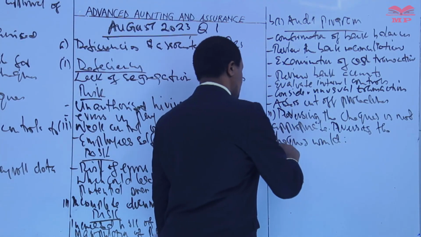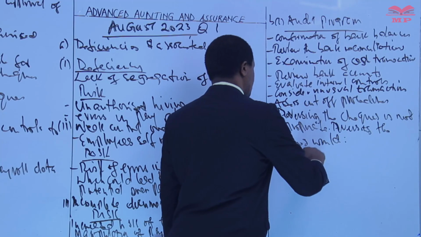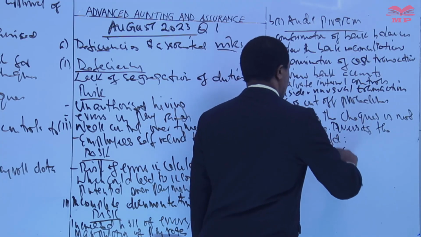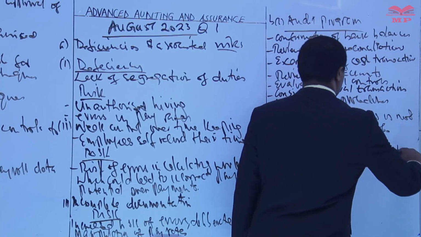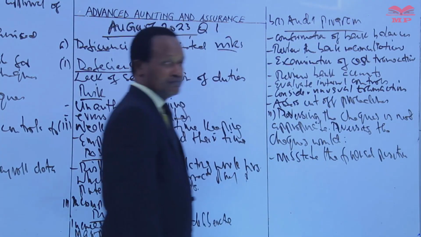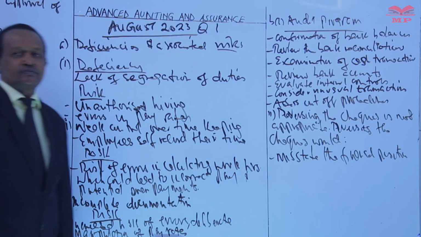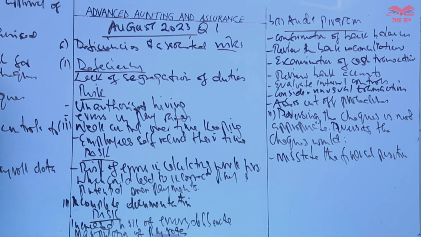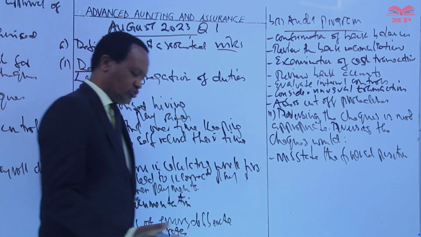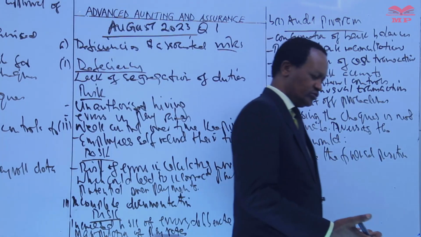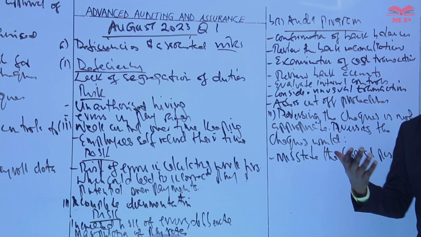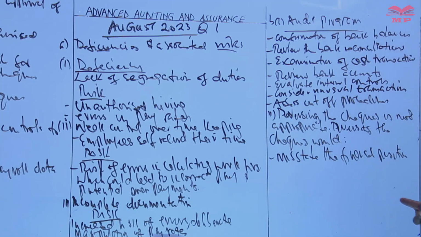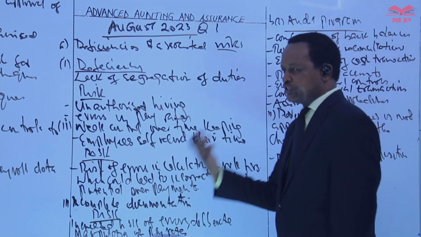Let me use the word misstate. Would misstate the financial position of the company. It would understate accounts payable and overstate the cash balance.